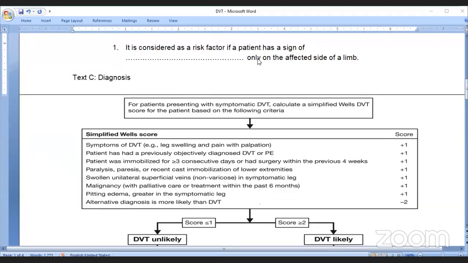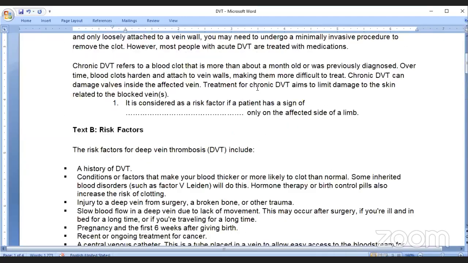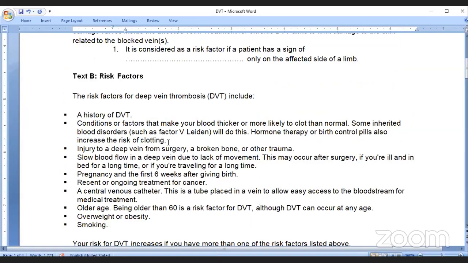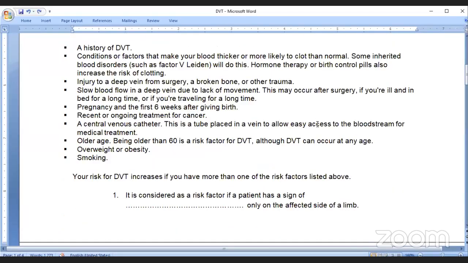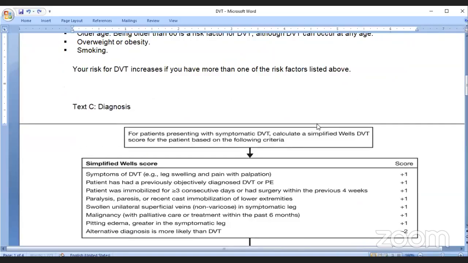So was this an interesting question or not? Yes, sir. It was very interesting because most of you will be searching for the risk factors in text B. And even if you don't find the answer, you will try to answer something like broken bone and DVT, but this is not mentioned in the affected side, okay? So please be careful about these small things.